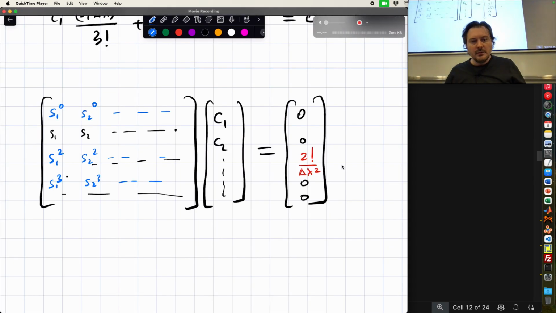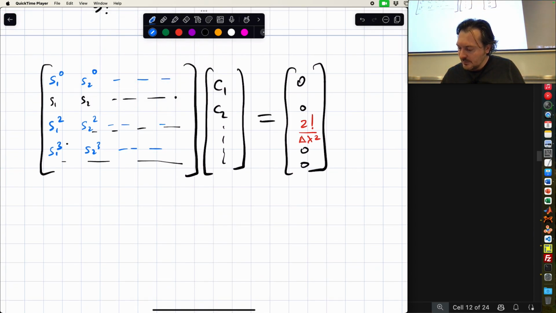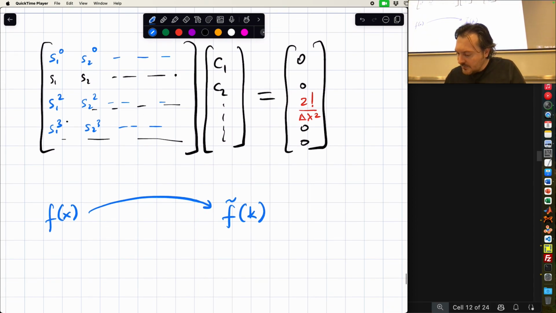And in Fourier transform, you basically go from f(x) to another space, it's just like going to the reciprocal space, right? Now, I hope you do know what happens to the derivative: ik times f.